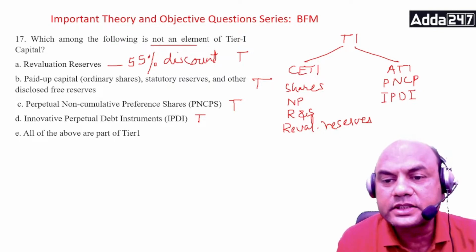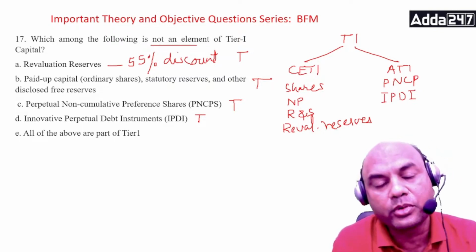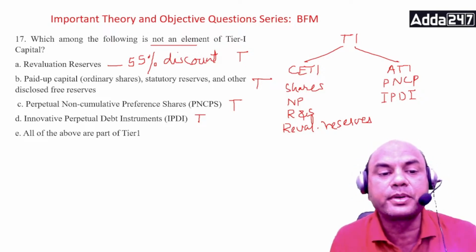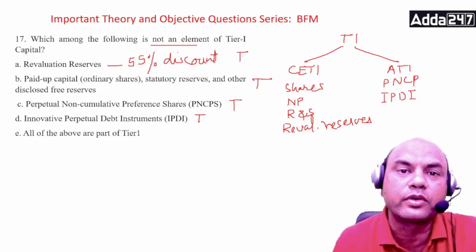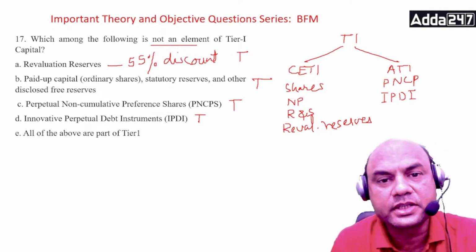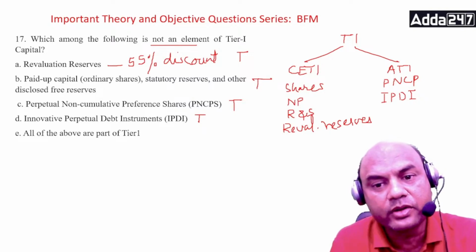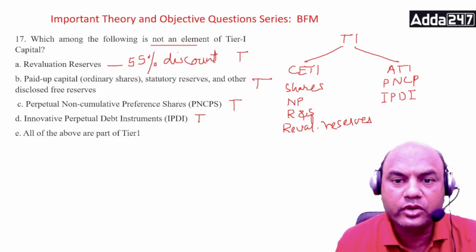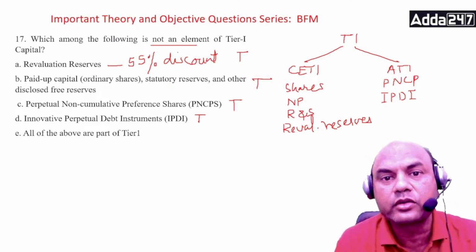See here, these are also bonds only, but these are long-term bonds. What is PNCP? Perpetual non-cumulative preference share. What is non-cumulative? Non-cumulative means if I issue the share today and don't give you the dividend in 1 year, it's not compulsory for me to give you the dividend in the next year along with arrears.